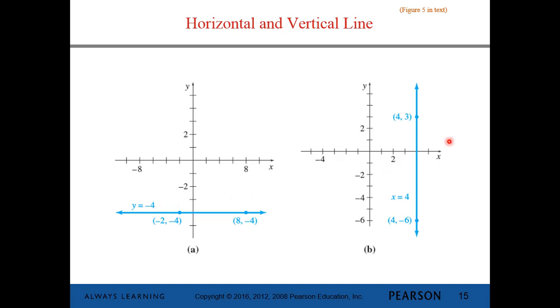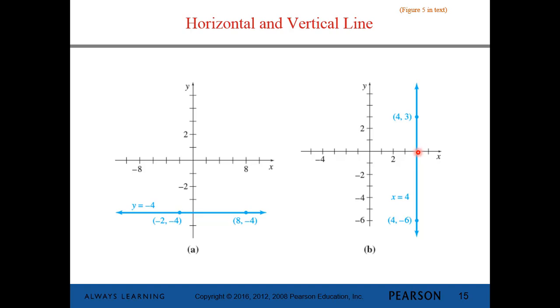Now, what about this one? Vertical lines. Well, no matter what point you choose on a vertical line, the x value always stays the same. So notice that this is 4 and this is 4. So no matter what value of y you choose, x is going to be 4. In fact, the x-intercept is 4.